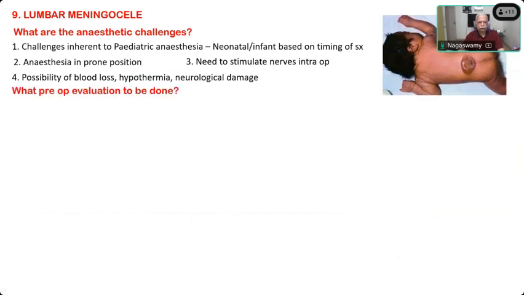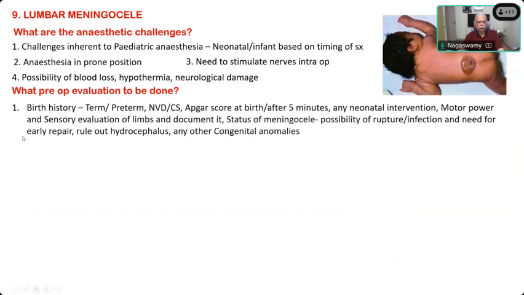What degree of evaluation is to be done? So neuromuscular integrity. We have to check for neurological deficits, whether the child is moving the lower limb or not, because it's a lumbar meningocele. We do not know whether the child is born with paraplegia or not. So make sure that the motor and sensory function in the lower limb is adequate.